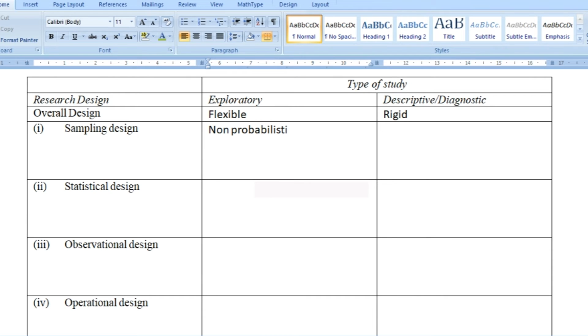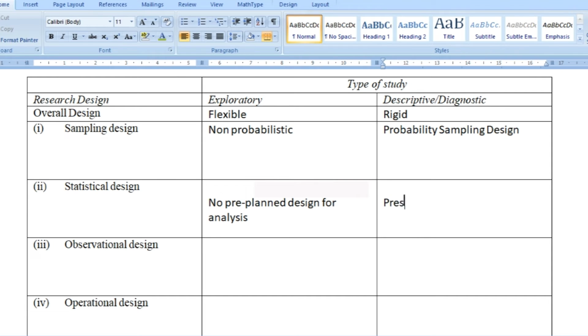It can include judgment sampling, purposive sampling, whereas in descriptive we make use of probabilistic sampling design. So we can employ stratified sampling, simple random sampling, etc. Then statistical design, there is no pre-planned design for analysis with respect to exploratory designs.